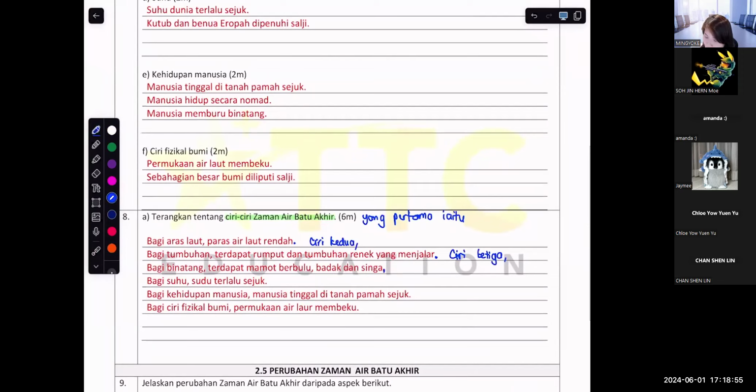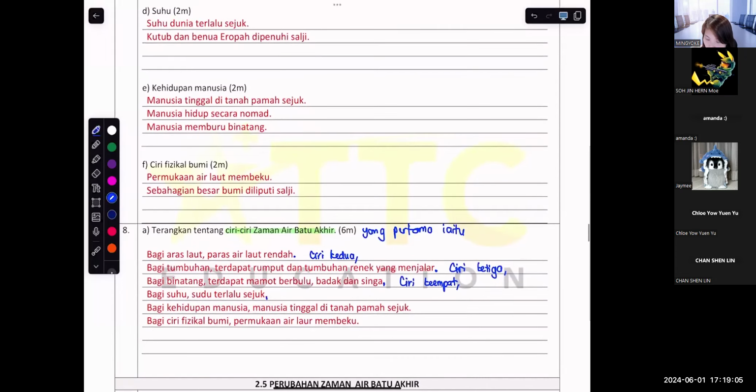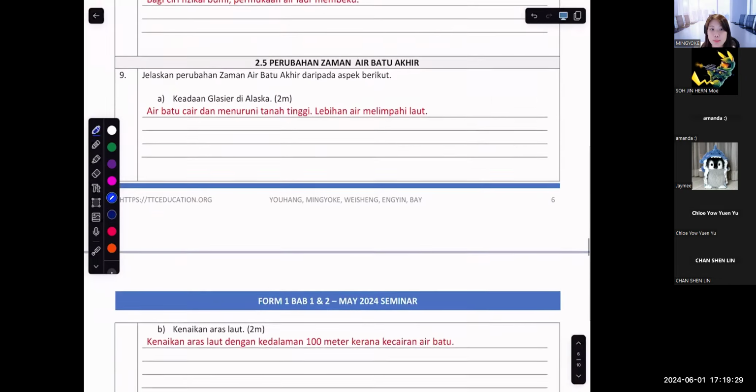Full stop. Ciri keempat, if you don't want to so many, pertama, kedua, you can ciri seterusnya. Then you can selain itu. Kepala soalan, penanda wacana. If it's kebat, you must have kesimpulan.